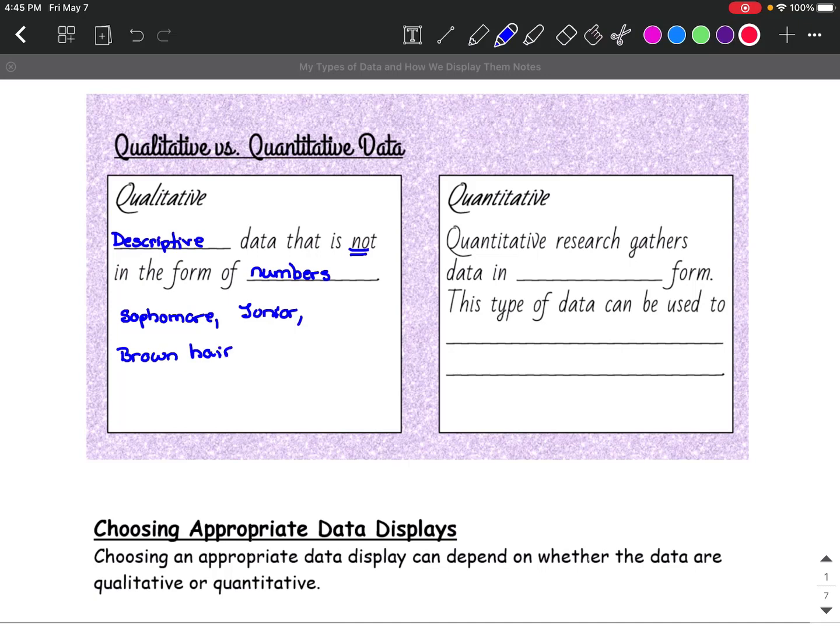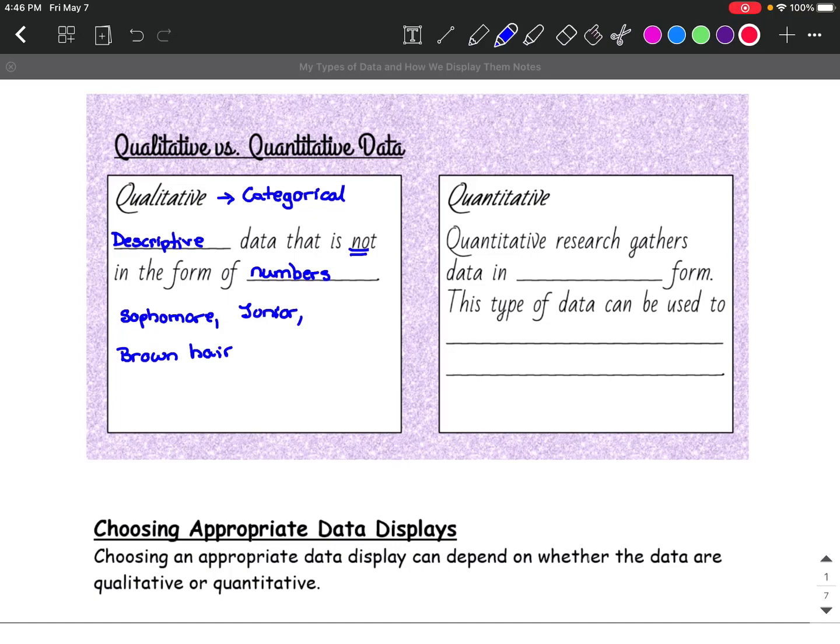These are descriptors. They're also categories, and qualitative data is also called categorical. So categorical data, it's the same thing. This kind of data describes the qualities of something or the categories that they fall into.